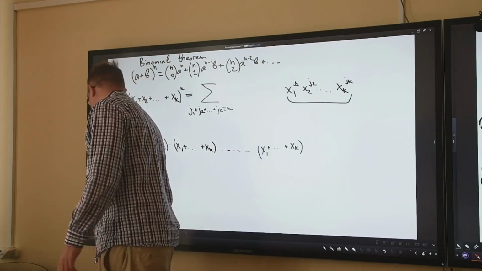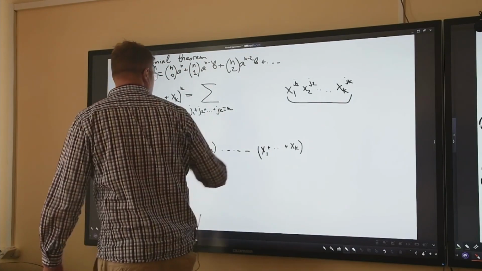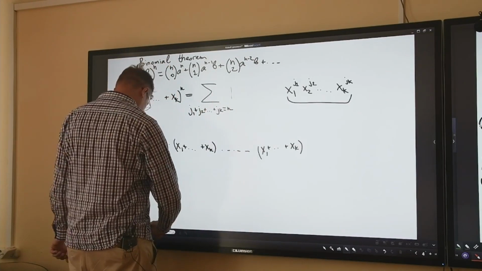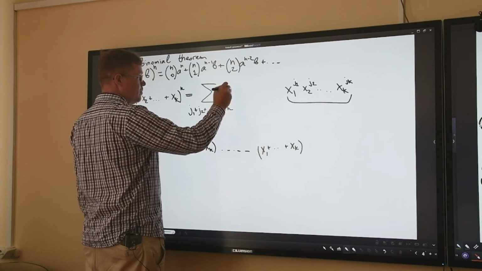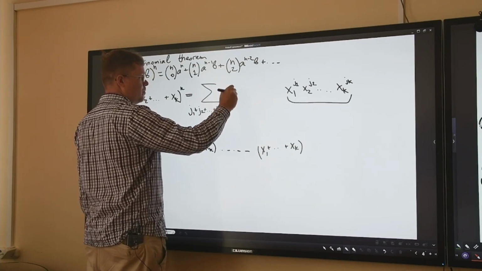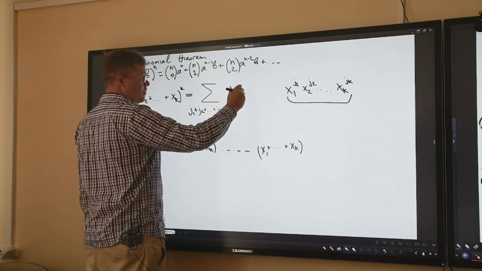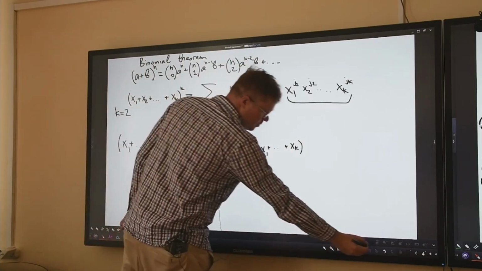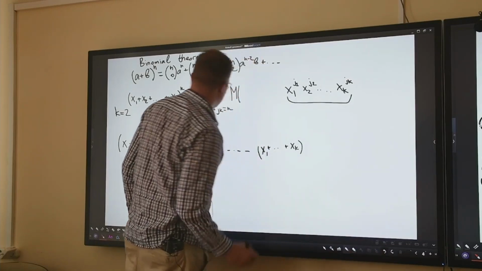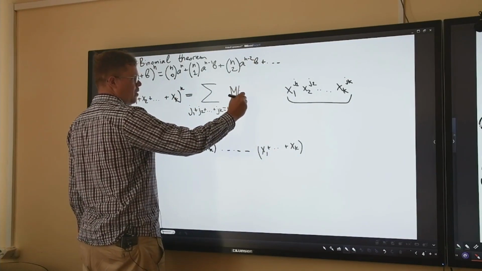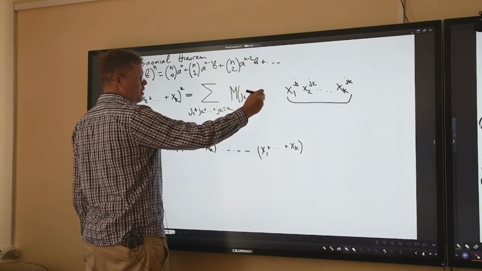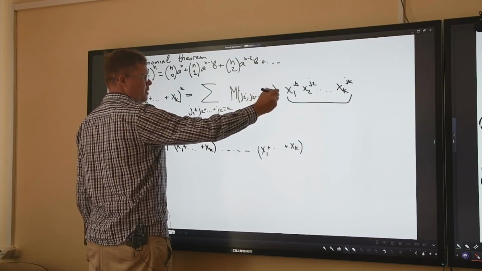So the answer is the multinomial coefficient of g1, g2, etc., gk.